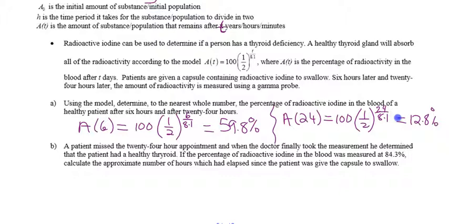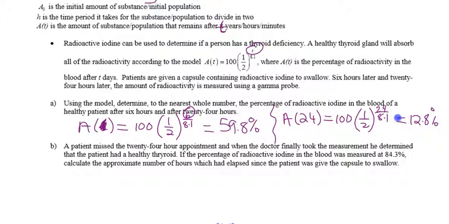Okay, so we got to figure out, wait a sec, did I do this right? Oh, I messed up. Yeah, because the time is supposed to be in days, right? T is the time in days, and I just put 6 in there, and 6 hours is not a day. 6 hours is a quarter of a day, so let's go back and recalculate these.